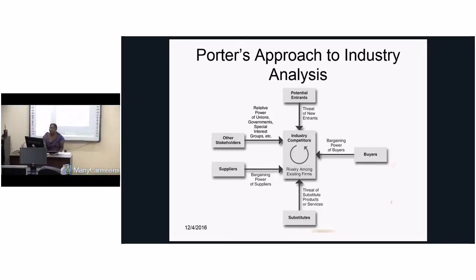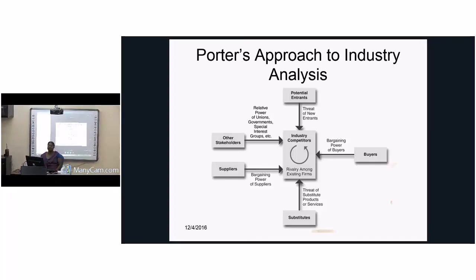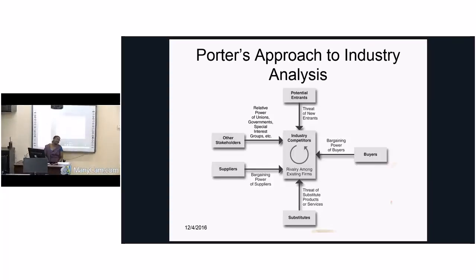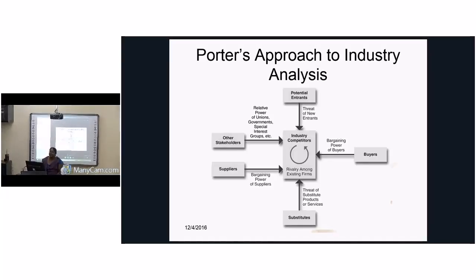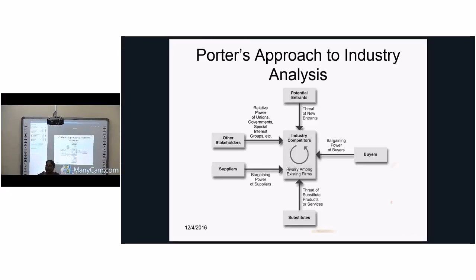In Porter's model, if you look closely at this diagram, you have potential entrants, buyers, suppliers, substitutes and other stakeholders.